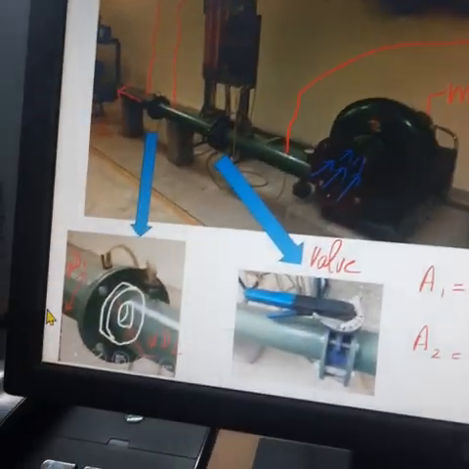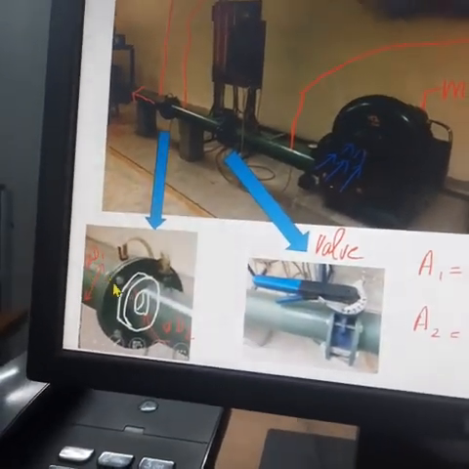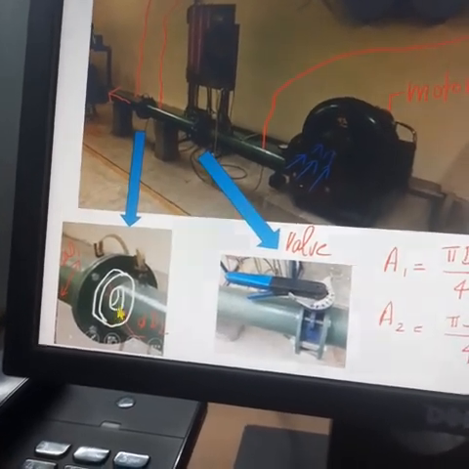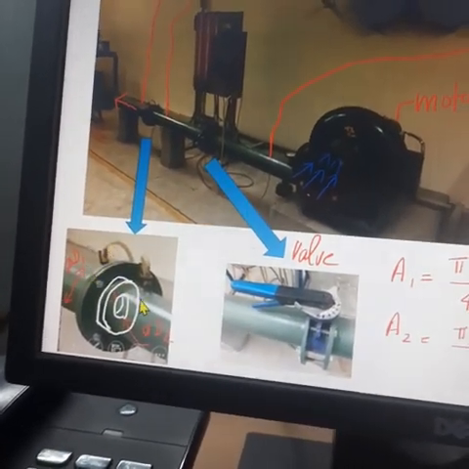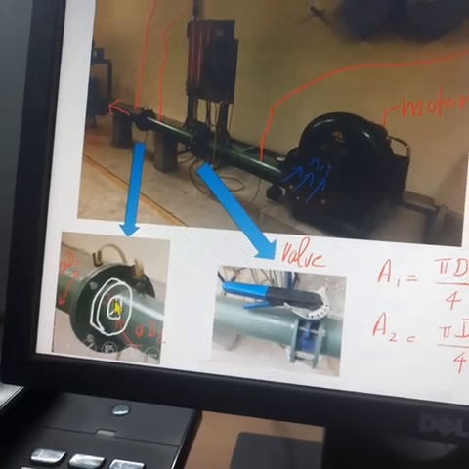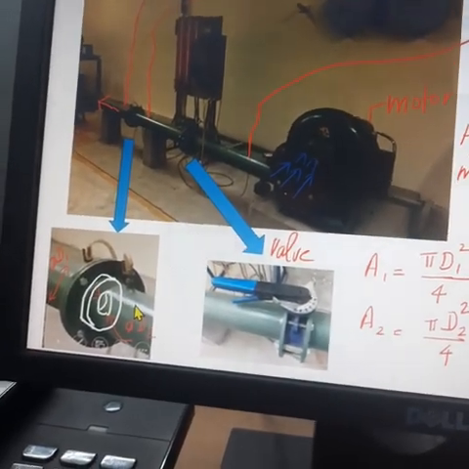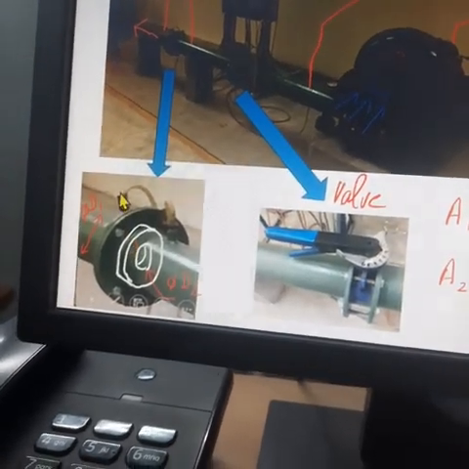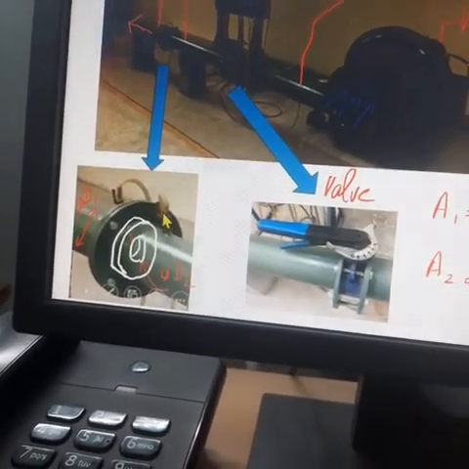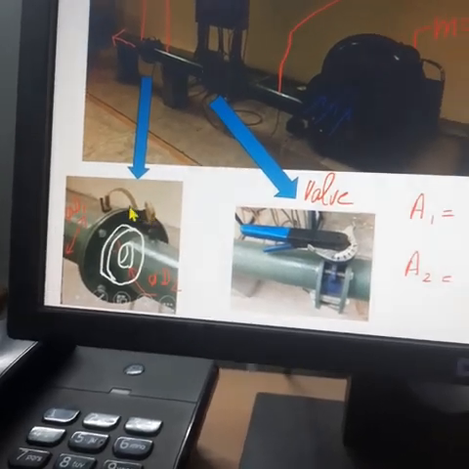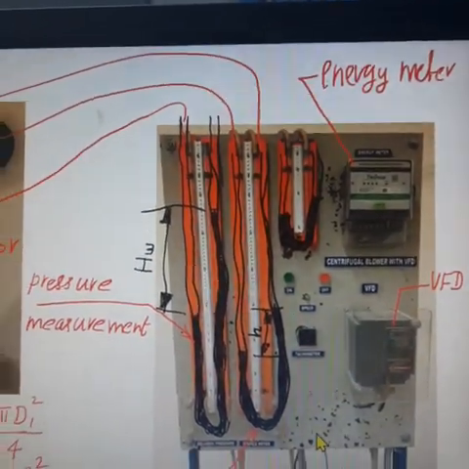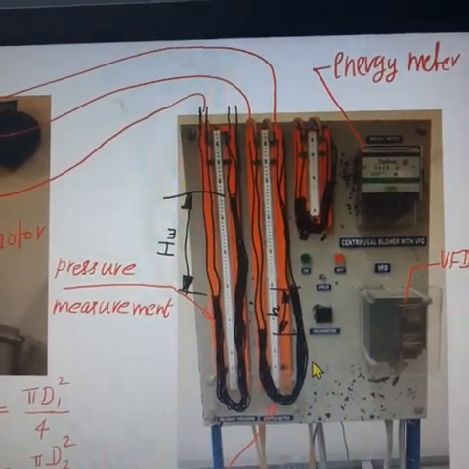And we have to measure the pressure differential across the orifice meter to find the discharge. So two pressure tapping points are fitted, one before the orifice meter and one after the orifice meter. That is shown here. These two tubes are taken to the U-tube manometer to measure the discharge.